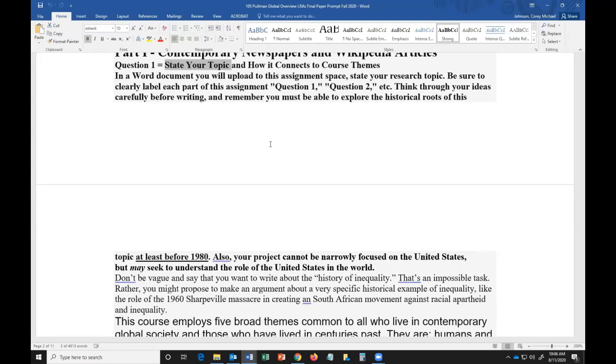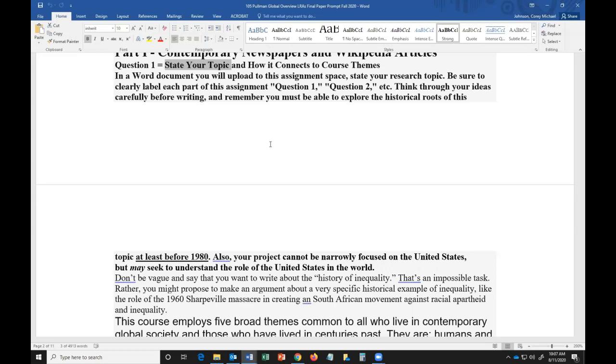Some say at least pre-1990 history or whatever. So be sure that you look into that for your particular section. But it is definitely true that this is a history class and you are writing a history paper. So largely you will be looking at events of the deeper historical past in terms of writing this particular paper.